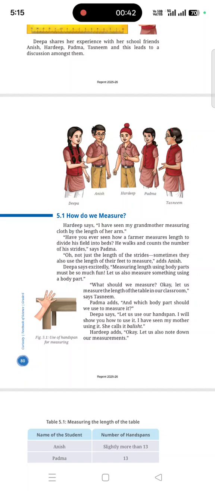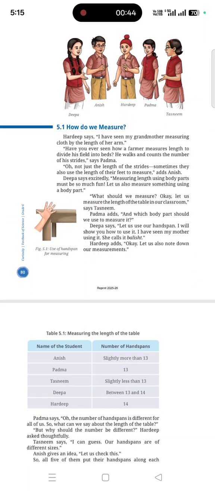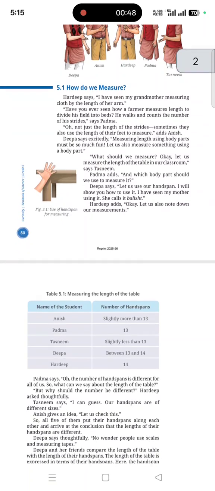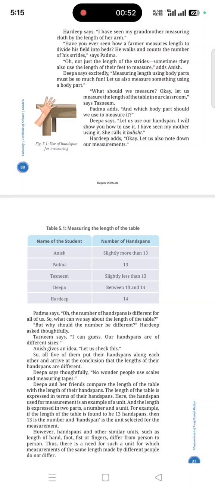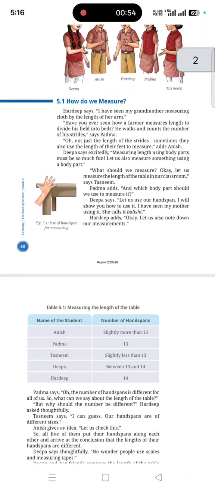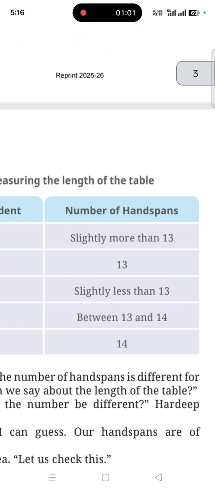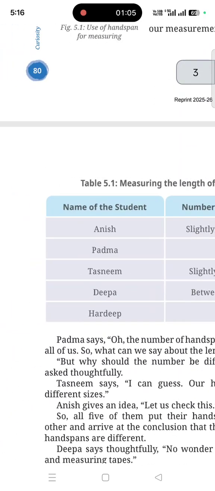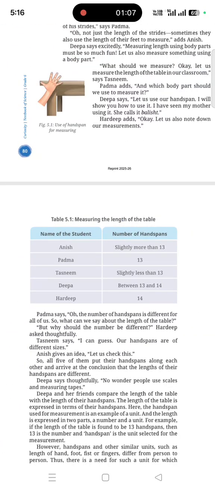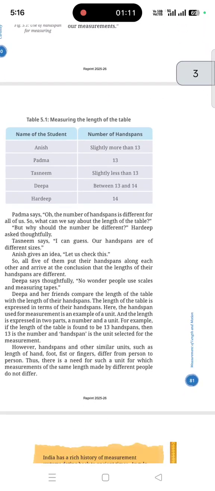At those times it was about the foot-pound system, where they used body parts, either arm or foot, rather than materials or tools for the measurement system. They observed that the number of handspans was slightly different for different students. That is, different students had different arm spans, so it was not a proper or universal way of measurement. They understood this.